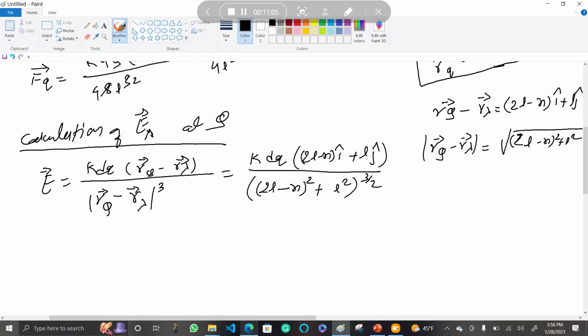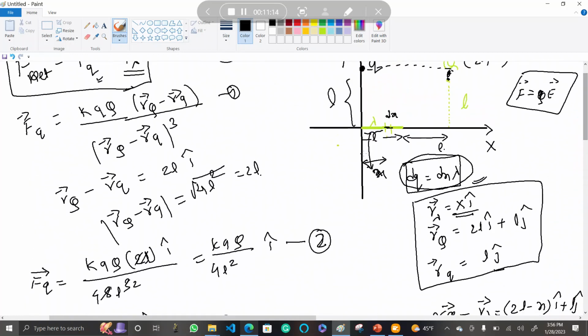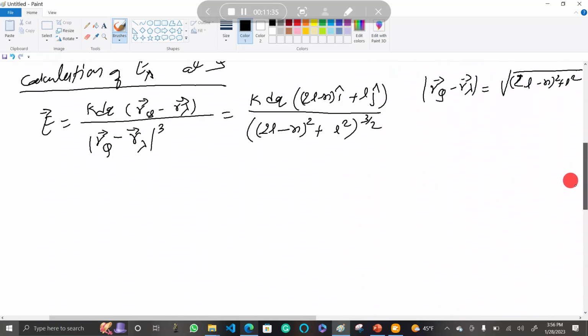Now in order to calculate the total, I need to integrate over the whole length. If you look at the figure, dE is the field because of this small element. Now if I want the total electric field because of this whole continuous charge distribution in the length, I have to integrate from x equal to 0 to x equal to L. I'm going to do that.